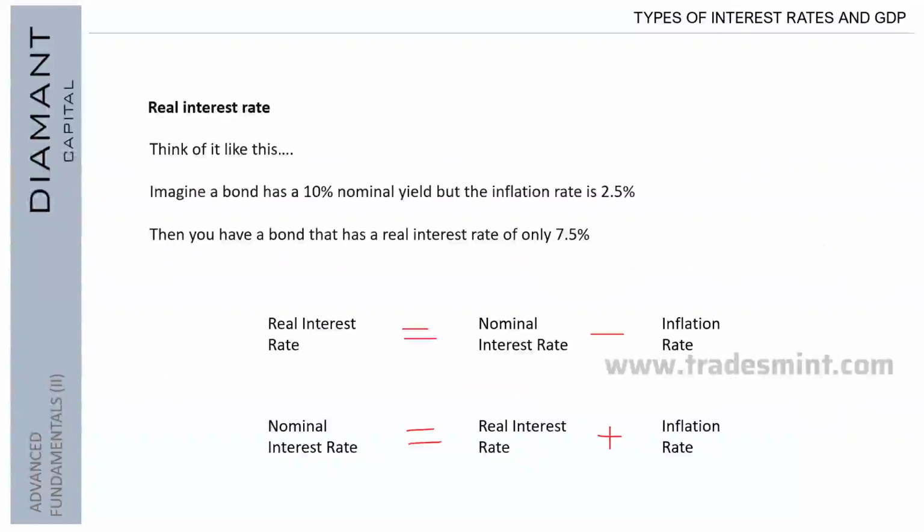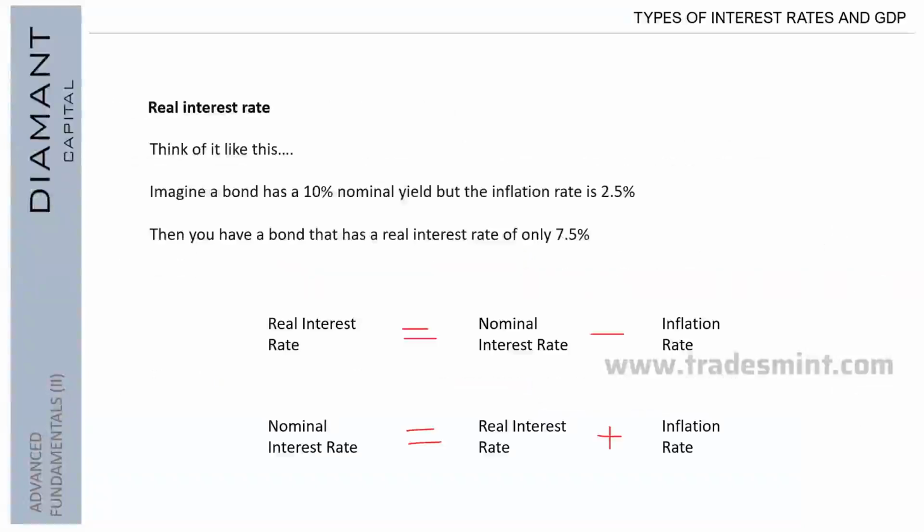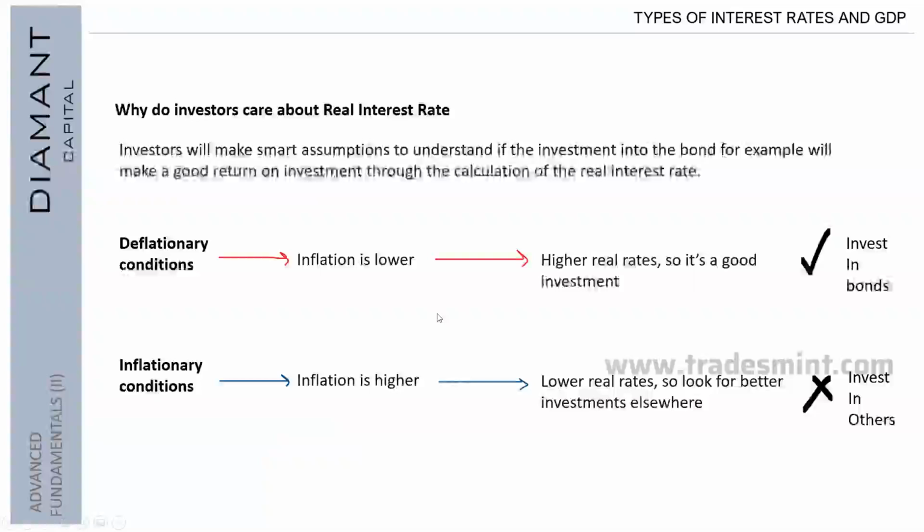Let's look back at this equation. If inflation is lower and you're calculating the real interest rate, let's just keep this standard, that means you're going to have a higher real interest rate.